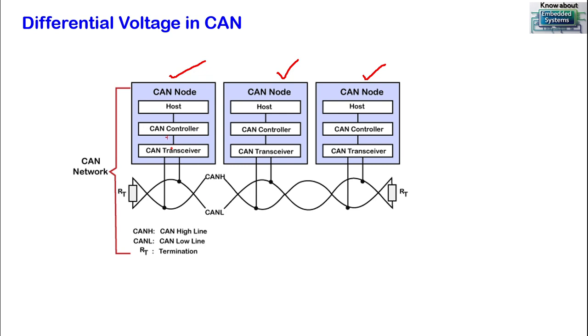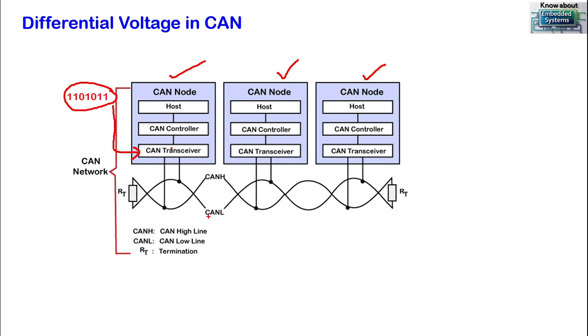Whenever you want to transmit any data from the host microcontroller, nothing but a number of bits, those bits will be given from the host microcontroller to the CAN controller, and from the CAN controller to the CAN transceiver. The CAN transceiver will convert those bits into differential voltage, and that differential voltage signal will be given to the CANH and CANL, nothing but our CAN bus.